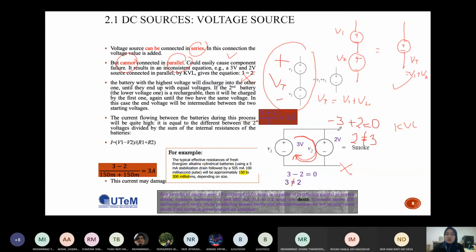So in this loop it is basically 3 minus 2 equals 0, so you get 3 is not equal to 2. This results in an inconsistent equation. The circuit gets confused whether the voltage source is actually 3 or 2. That's why you cannot connect the DC sources in parallel to each other.